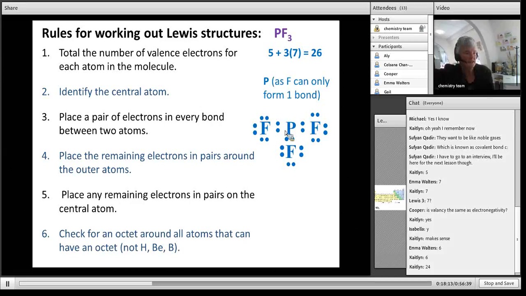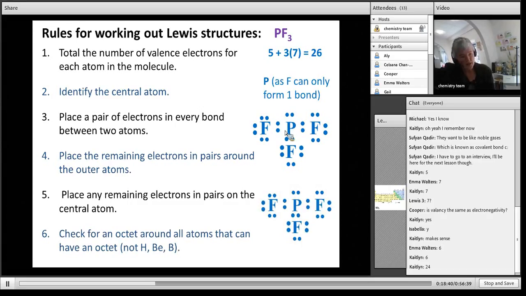Great, Caitlin. That's correct. So you can't stop there. I've still got 2 electrons I haven't assigned. So if I've still got anything left over, I place it on the central atom. Okay. So when I've done that and I've used up all my electrons, now I check for octets, because you'll find that sometimes you won't have octets. And then you've got to do other things.